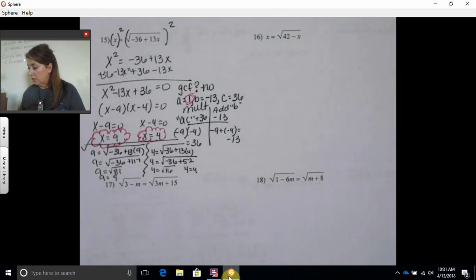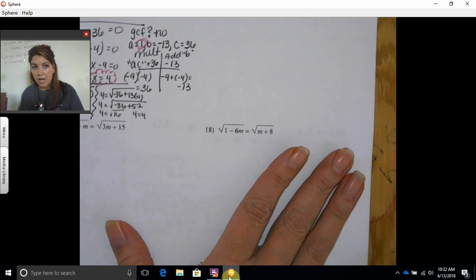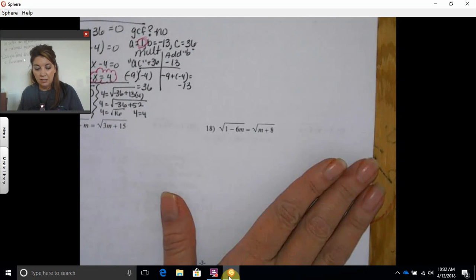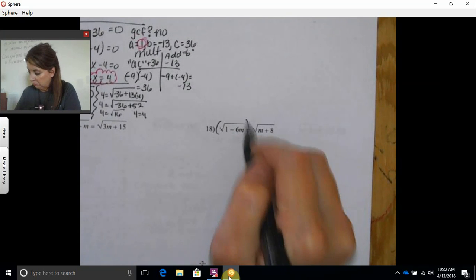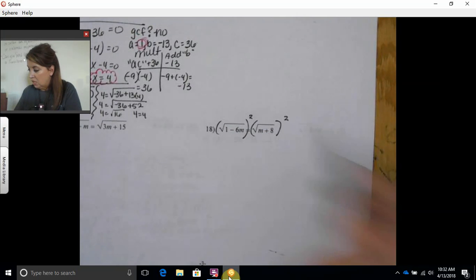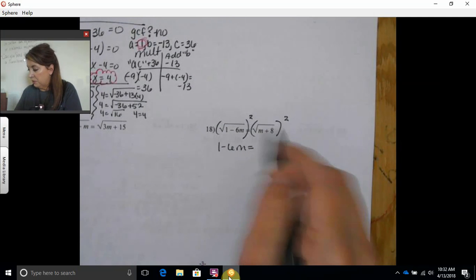Okay. So guys, let's say on 18, I have a radical on each side. What am I going to do? Square both sides. So the square root of 1 minus 6m quantity squared equals the square root of m plus 8 quantity squared.